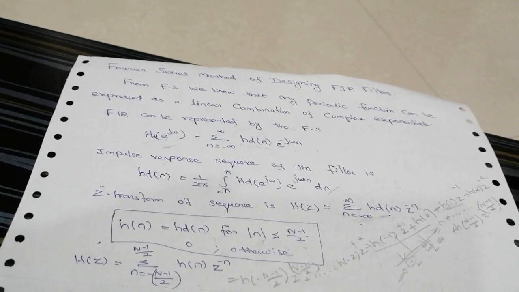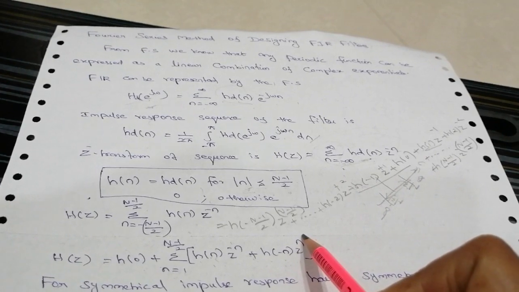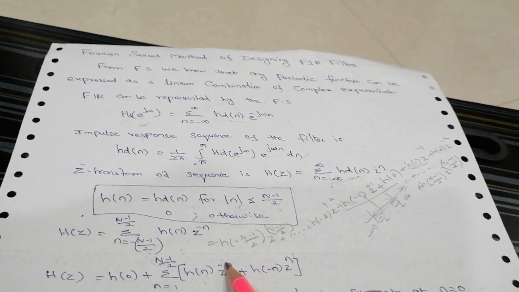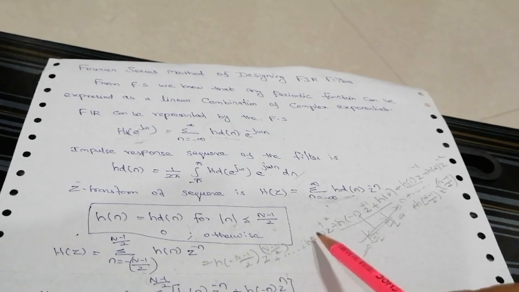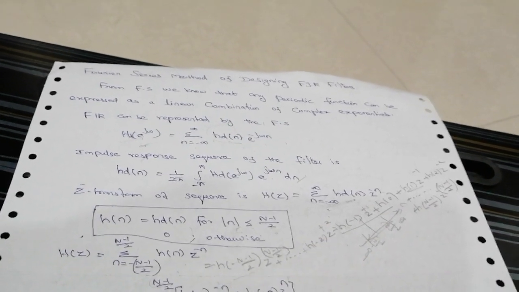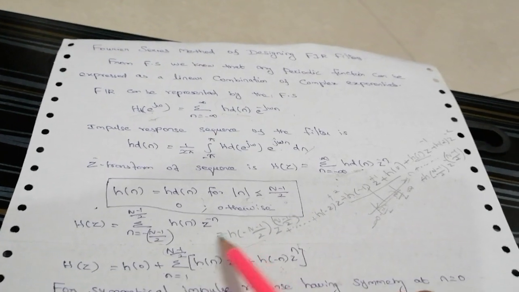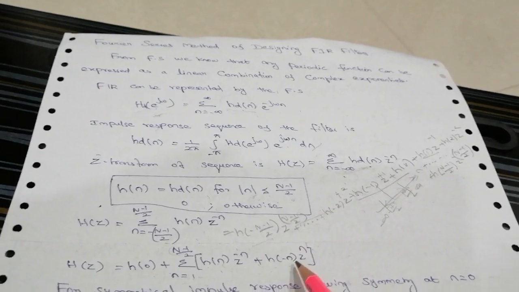Likewise, if you substitute n equal to 2, h(2) is z power minus 2 plus h(-2) is z power 2. Then the last term, h((N minus 1)/2) is z power minus (N minus 1)/2, and h(-(N minus 1)/2) is z power plus (N minus 1)/2. So we can rewrite that expression like this.